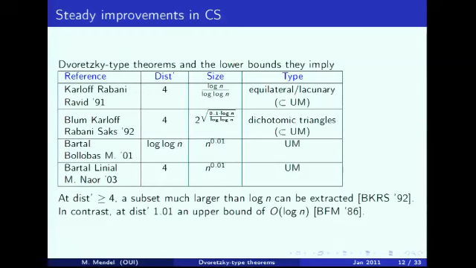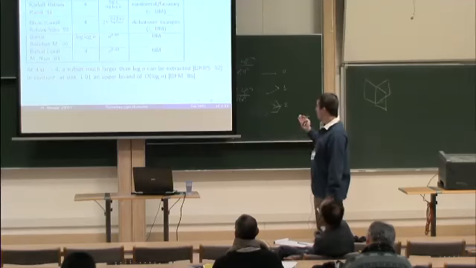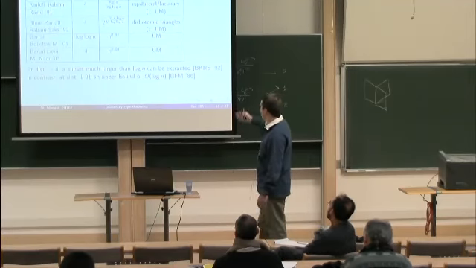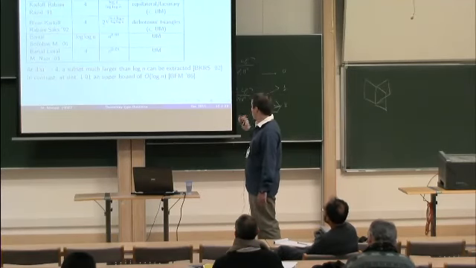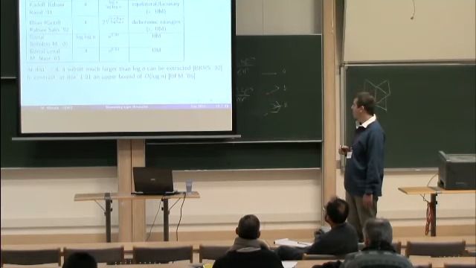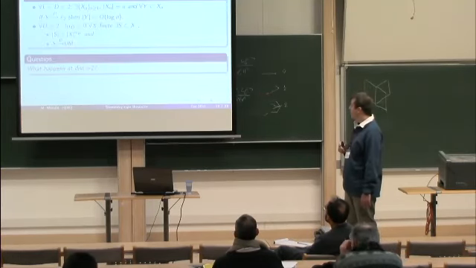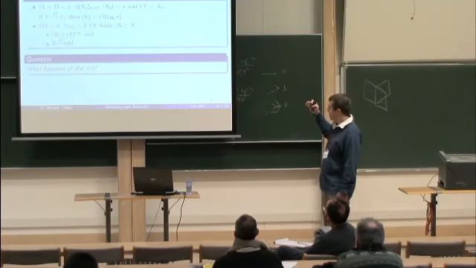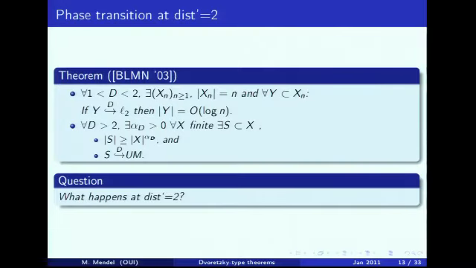This is in contrast to the lower bound that I told you Bourgain, Figiel and Milman proved. So there is no contradiction here. They proved it for distortion 4. Bourgain, Figiel and Milman have this upper bound of log n for distortion 1.01. And indeed, it turns out that there is a phase transition here. And the phase transition occurs at distortion 2.